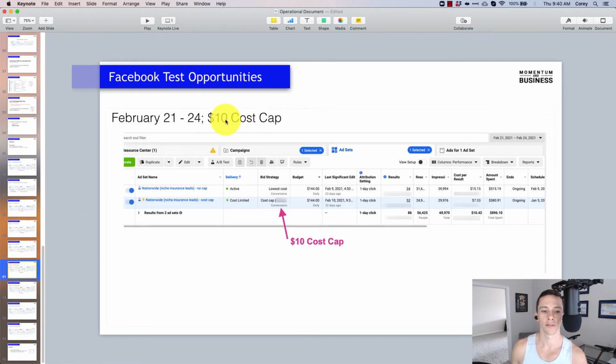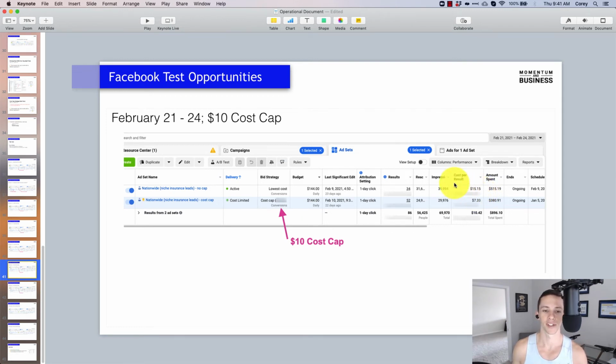Now, on the 21st, we take the cost cap down even further. At this point, we're getting conversions at $7.33 with the $10 cost cap applied. That's quite a bit cheaper than where it is with no cap. And as we go through this progression of screenshots, you're probably noticing that the ad set with no cap, the cost per result tends to increase as we go on.